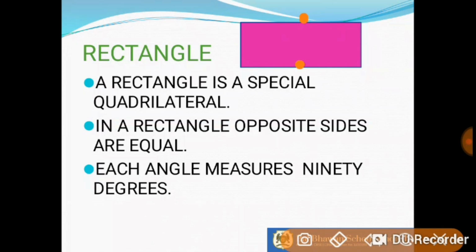So there is a pair in which sides are long, opposite sides are equal, and there is another pair of sides which are short and these 2 opposite sides are also equal. In a rectangle, there are 4 corners. These 4 corners are forming 4 angles and all these angles measures 90 degrees.